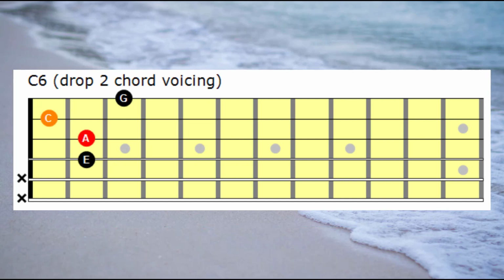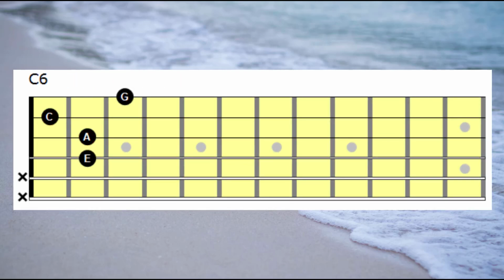Now since we're working with a 4-note chord, the C6 chord, and we're applying that to the first 4 strings on the guitar, we should have 4 different ways of playing the C6 chord on this string grid. That is the 1st, 2nd, 3rd and 4th strings of the guitar. And now I'll play the 4 C6 chords so you can hear how they sound.